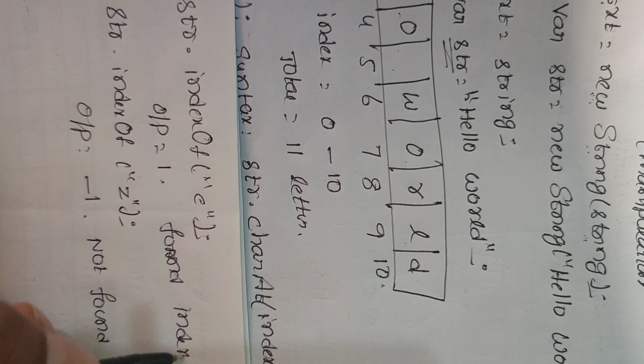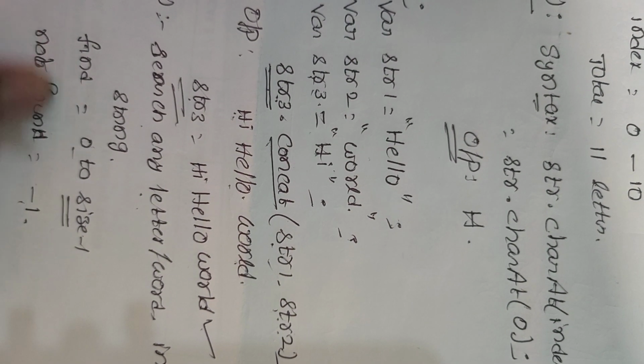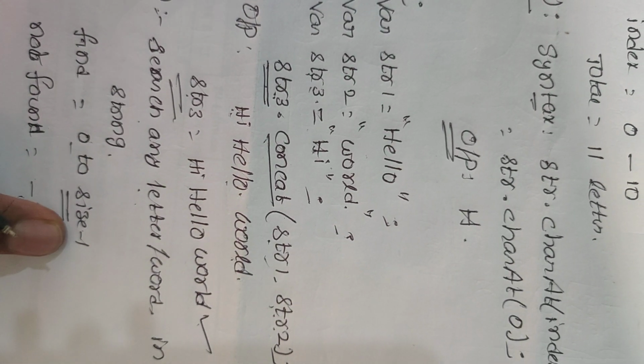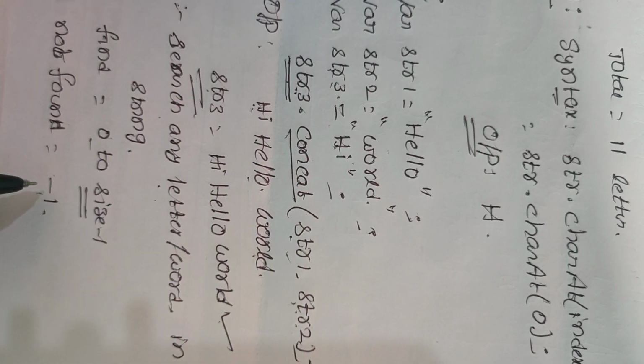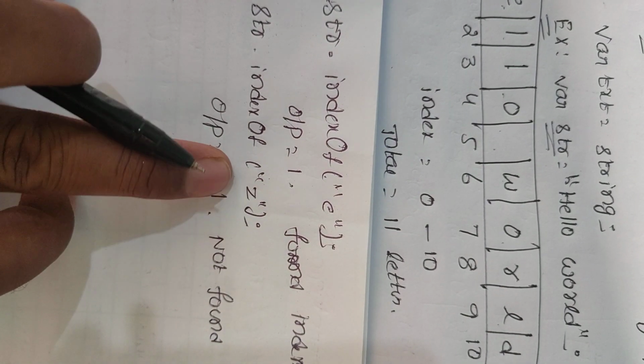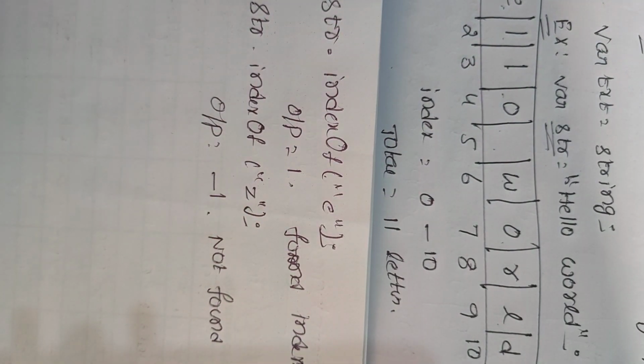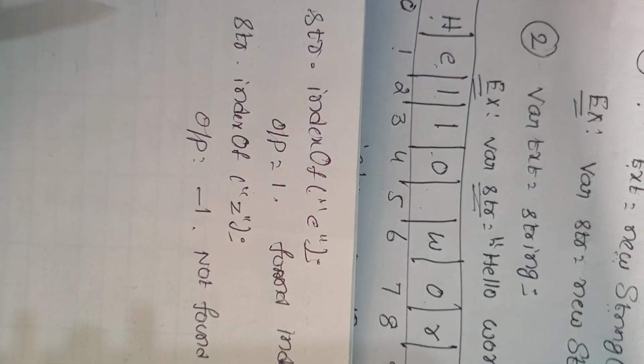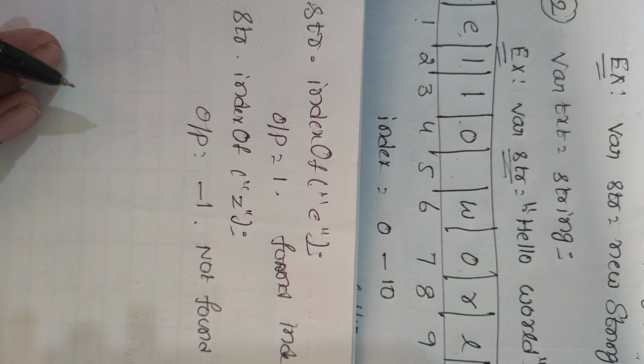The indexOf function returns 0 to size minus 1. If it is not found, it gives a negative value. Here a z letter is not available in this string object, which contains hello world. So this is about indexOf.